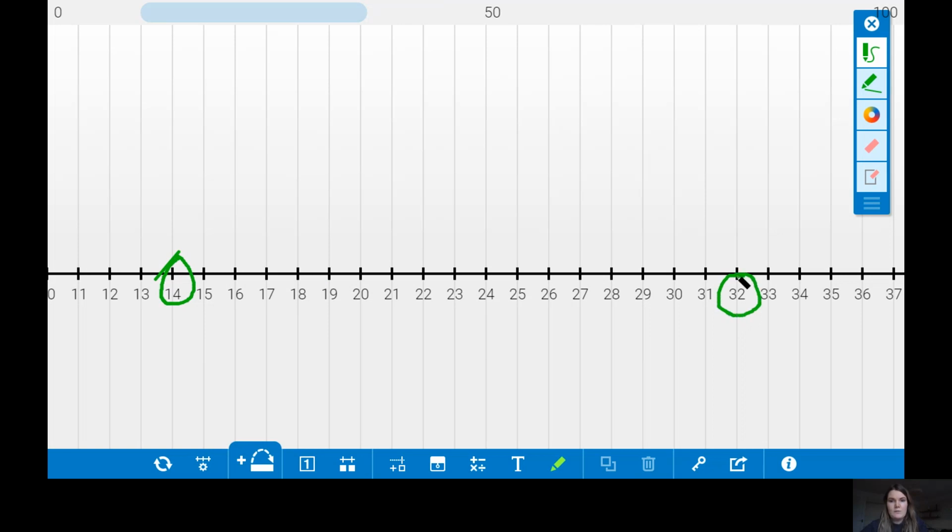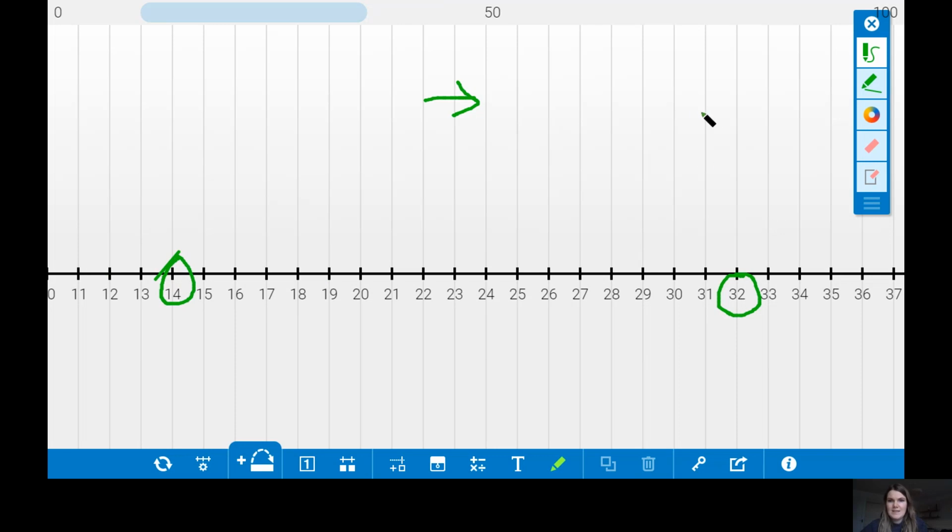Okay. We found our numbers on the number line. We read our numbers. We found them on the number line. Now we've got to figure out which is furthest along the number line. Is it 14 or 32? Which is the furthest going this way? Well, this one is quite far back on this bit of the number line.